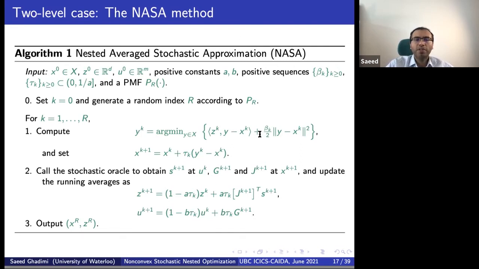Again, we solve a subproblem, we take the convex combination of all of these solutions, we use the weighted average of all stochastic gradients inside the subproblem, and we also calculate the weighted average of all stochastic values of the inner function. The output of this algorithm would be x_R, z_R, and actually we can just consider u_R as the estimation for the inner function values. Here, R is a random index.